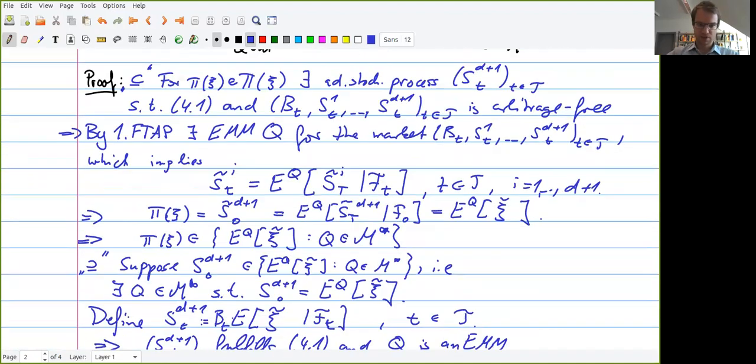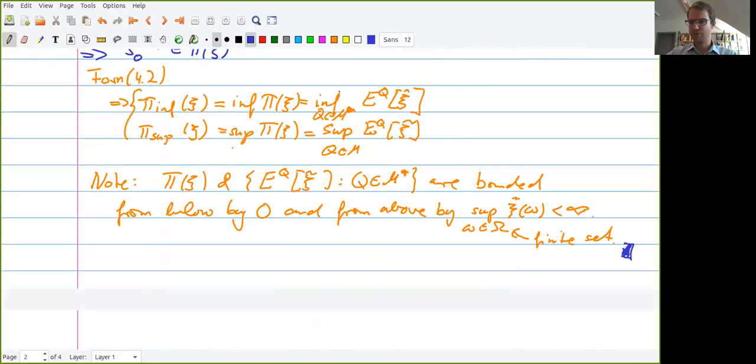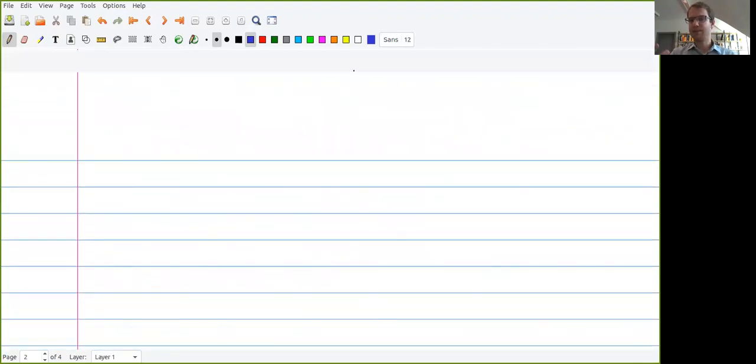And this was actually why we started caring about this set of arbitrage-free prices, because there might be claims which are not replicable. Because if it's replicable, we're done already. So this is the purpose of the next proposition, to understand better what happens if the claim is not replicable.